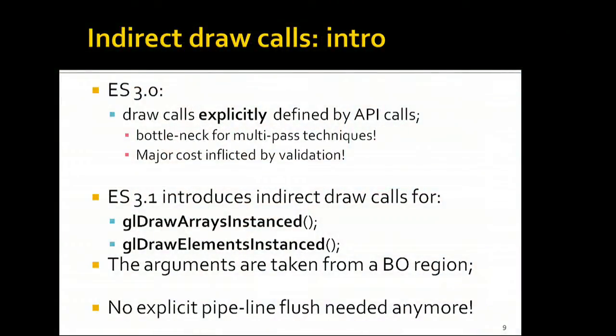So if you looked at ES 3 and any extensions available for the API, you would have noticed that all the draw calls need to be explicitly defined by API calls. Now, this is all fine and dandy, but the problem is that this is often a bottleneck for multipass techniques where you, say, render something with one program, but then would like to use that in another program. Now, the thing is you need to do at least 2 different draw calls.